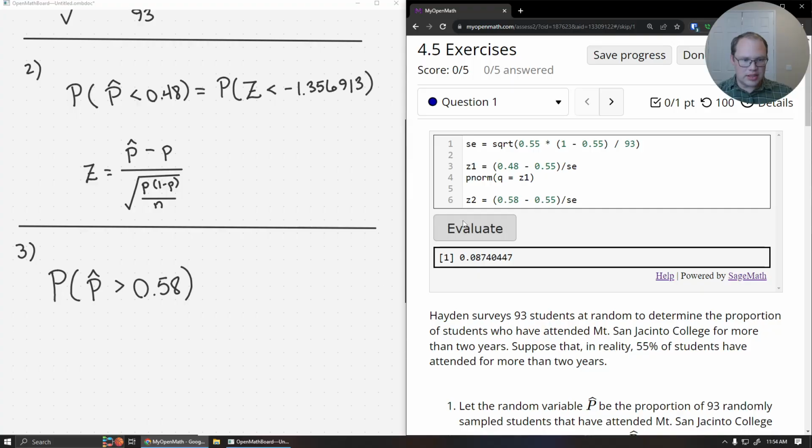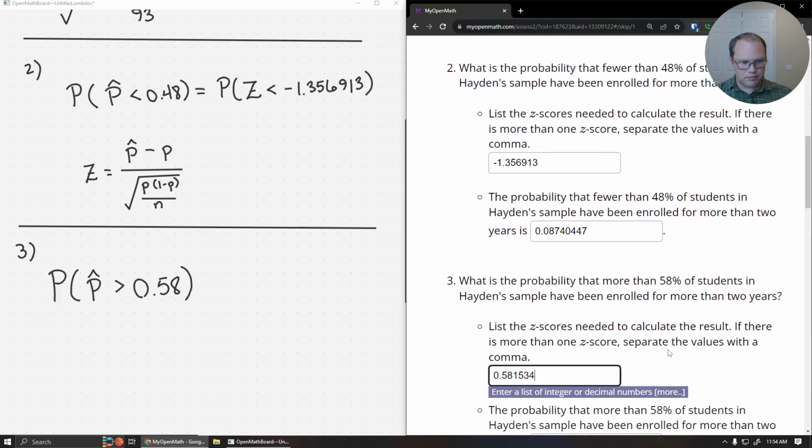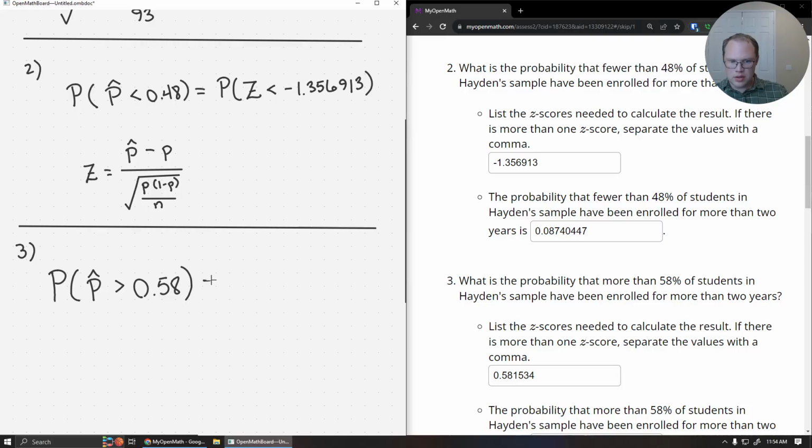Okay, so the z-score here is 0.581534. So the probability that the proportion from a randomly chosen sample is bigger than 0.58 is the same as the probability that a randomly chosen z in the standard normal distribution is greater than 0.581534, our z-score. So now let's go ahead and calculate that probability.